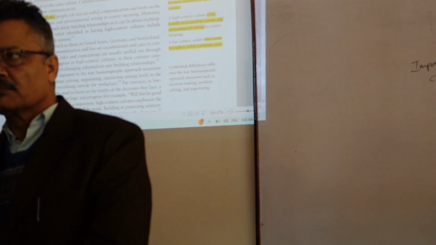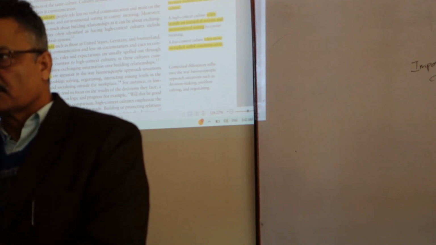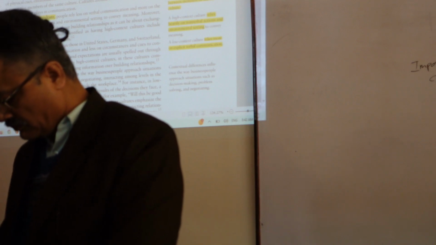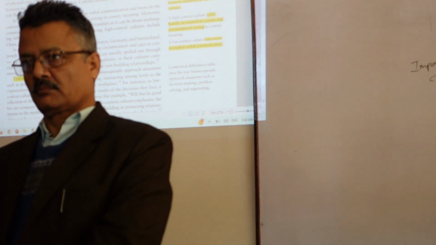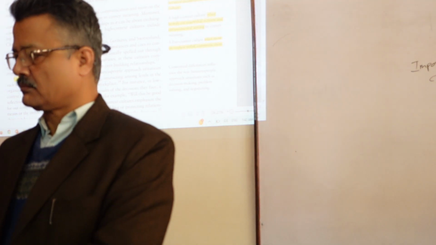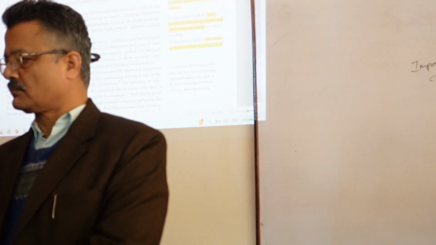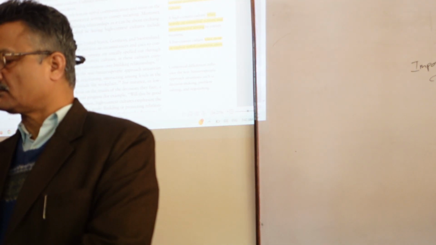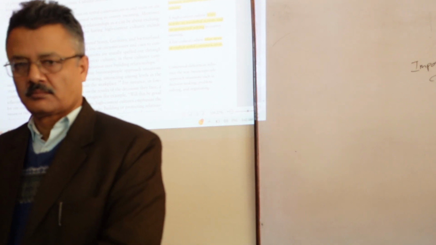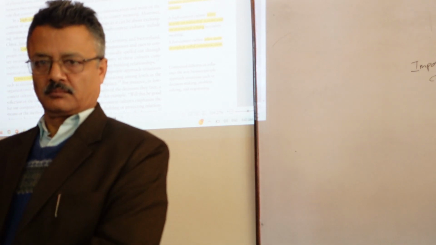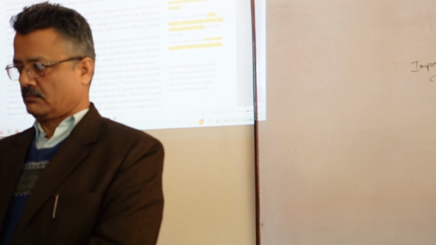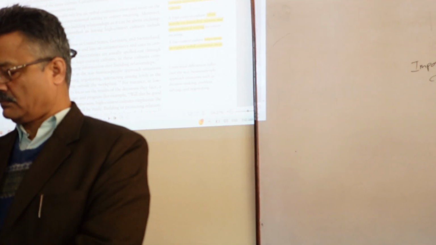Third, religion. Religious beliefs and practices play a significant role in shaping culture and can vary widely across different groups. Fourth, language. Language is a fundamental aspect of culture, and variations in language can impact communication and identity.